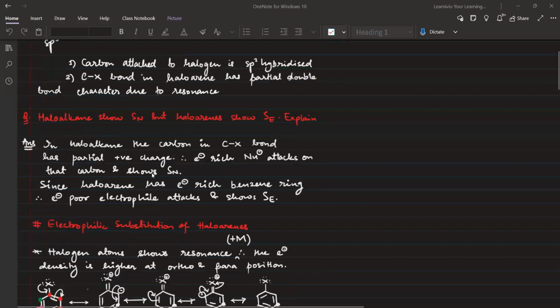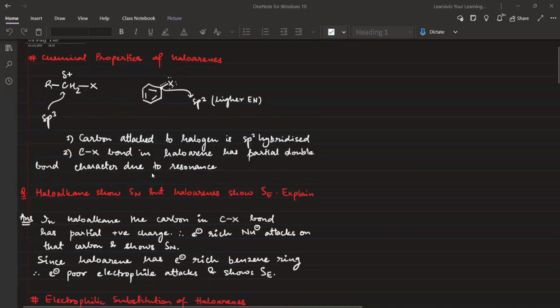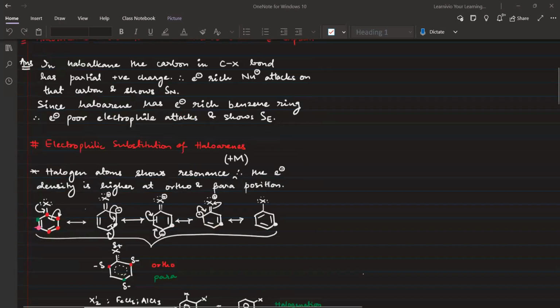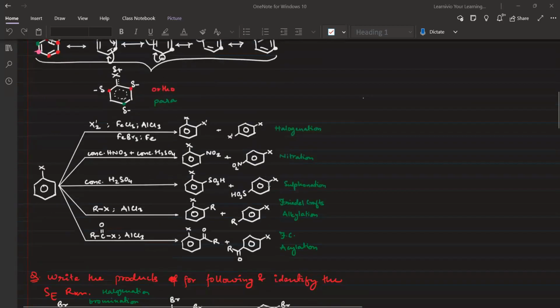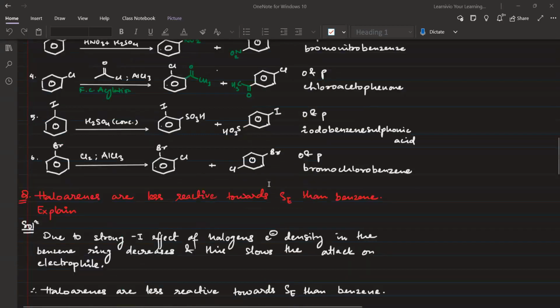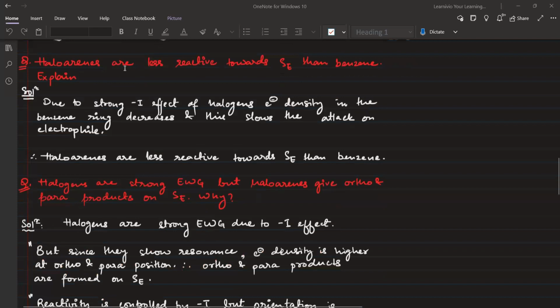See here, all of these topics are done. Just tell me in the chat, yes or no. These two things are done, right? Yes, okay. And these reactions are done. What about this part? Halogens are less reactive towards electrophilic substitution than benzene.